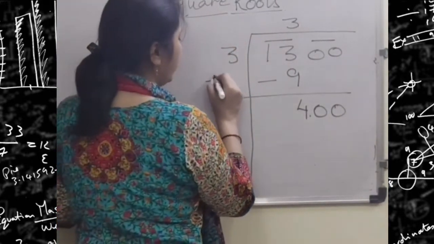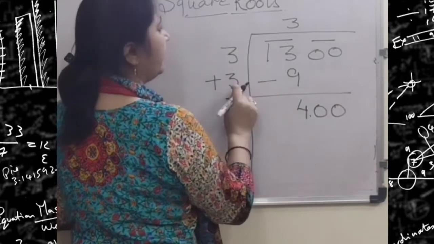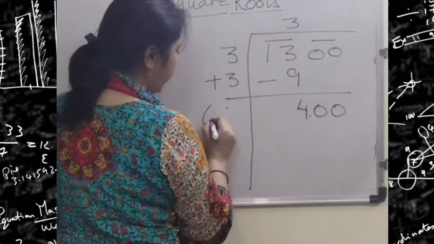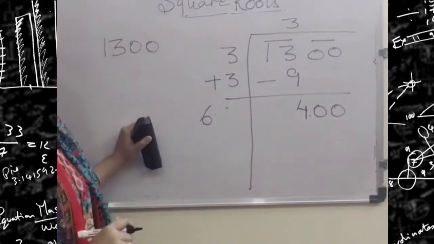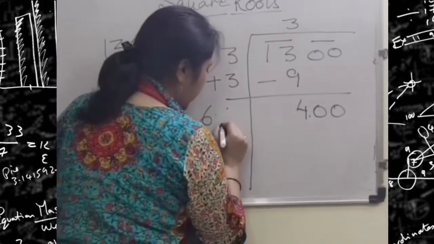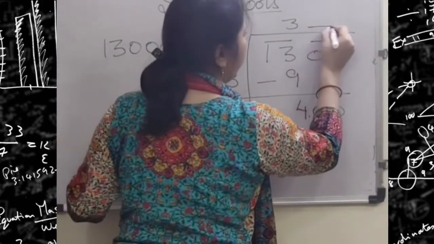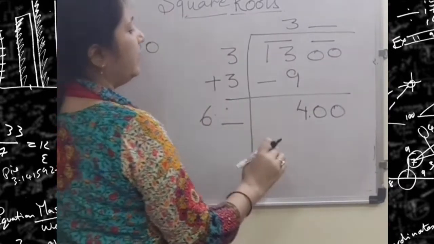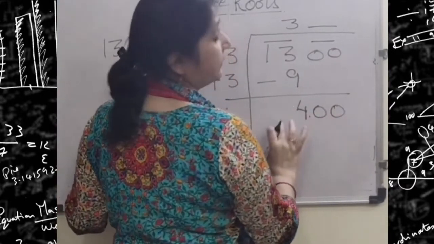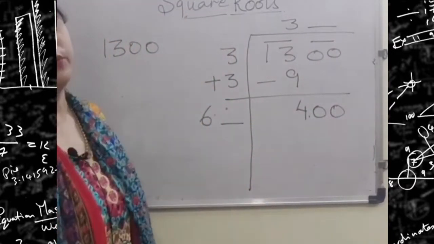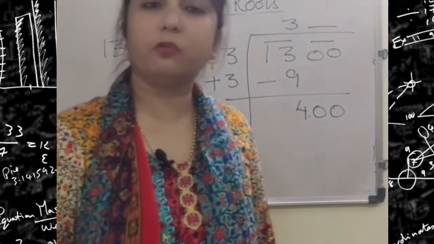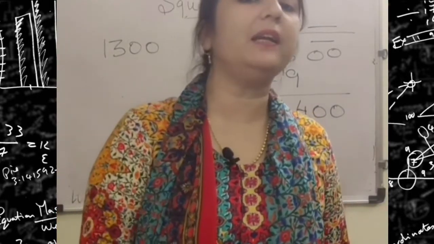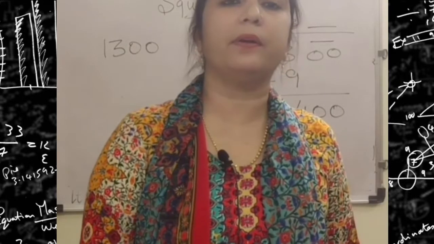Now in this divisor part we add this 3 of quotient and got 6. We have to insert a number over here as well as here to get either 400 or less than 400. The 400 you cannot get because it is not a perfect square number. You will definitely get less than 400.